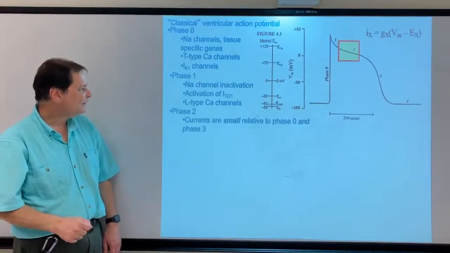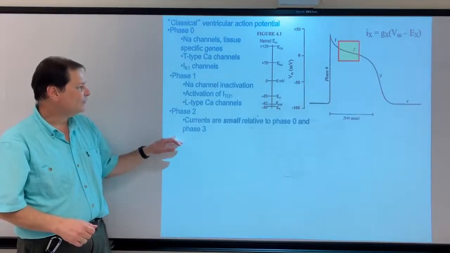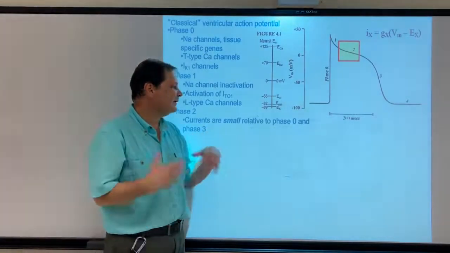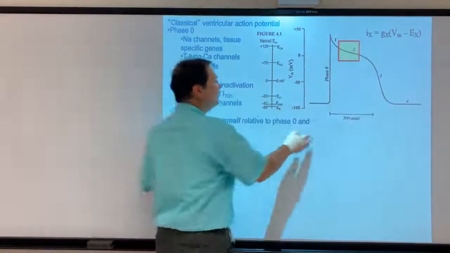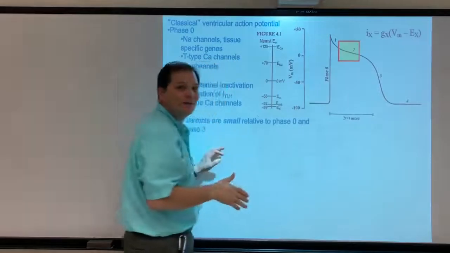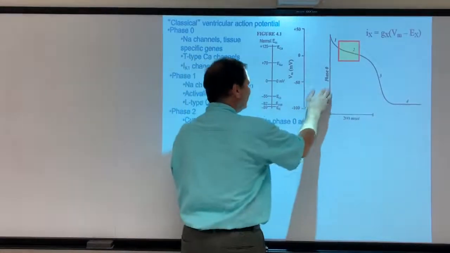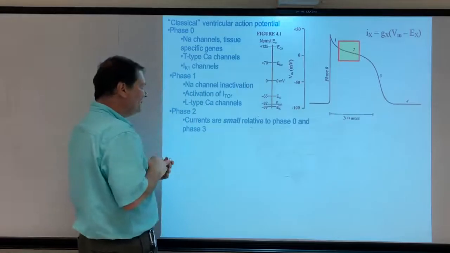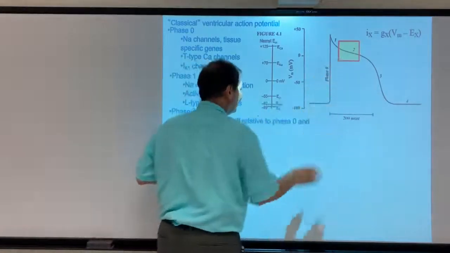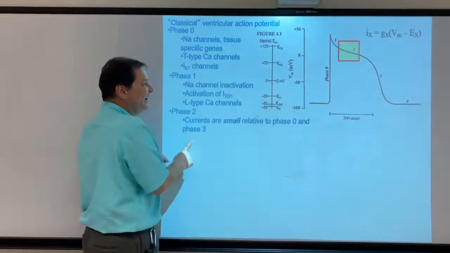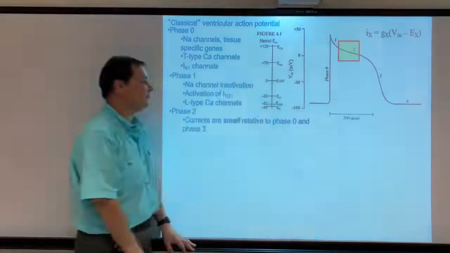Phase 2 is our plateau phase. The first thing you'll notice is that the currents during this phase are small relative to phase 0, where you get this huge increase in voltage because of the massive influx of sodium. That's a really big current. So the currents during this plateau phase are small relative to that phase and small relative to phase 3, where we're getting a relatively rapid repolarization.